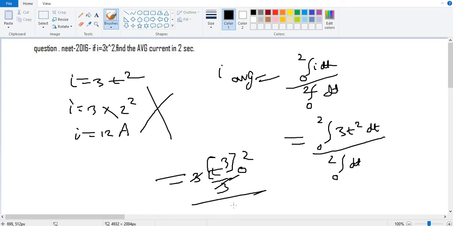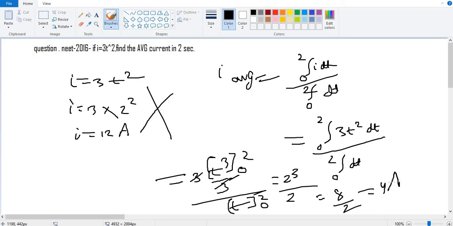Below, the integration of dt is t, from 0 to 2. In the numerator we have t cube, so 2 cube minus 0 cube, which is 0. So 2 cube by 2 minus 0, and 2 to the power 3 is 8, 8 by 2, so that is equal to 4 ampere.